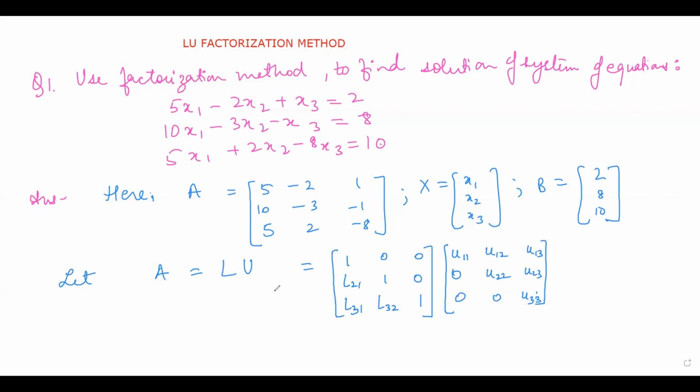Now, coming back, how do we solve this? Let us find this product and equate it to the coefficient matrix A. So this is equivalent to 5, 10, 5, minus 2, minus 3, 2, 1, minus 1, minus 8.